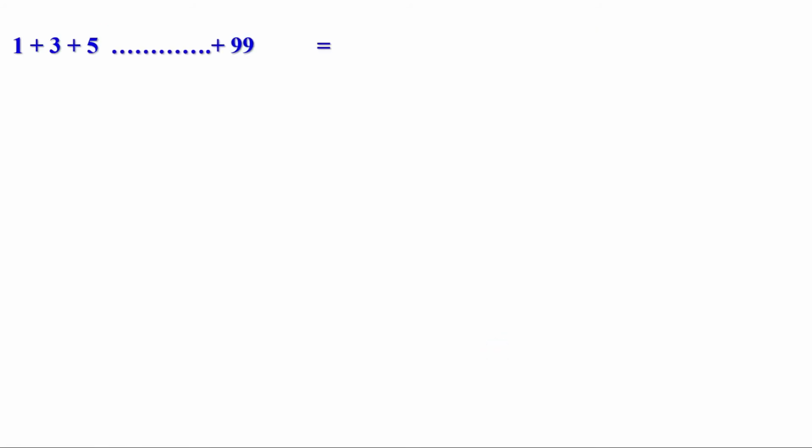Let me take first 50 odd numbers, 1 plus 3 plus 5 plus up to 99. Now each odd number is 1 less than an even number. 1 can be written as 2 minus 1, 3 can be written as 4 minus 1, 5 can be written as 6 minus 1, 99 can be written as 100 minus 1.